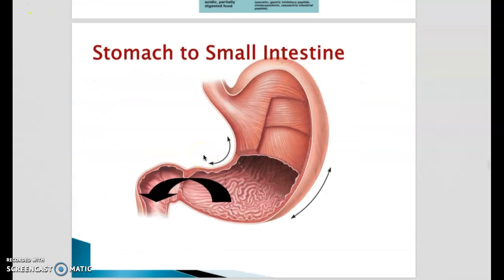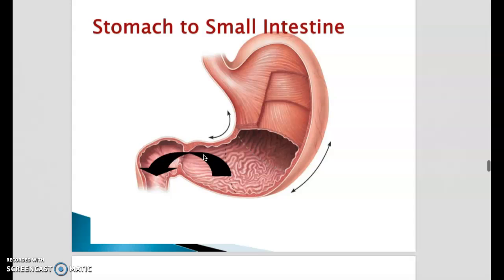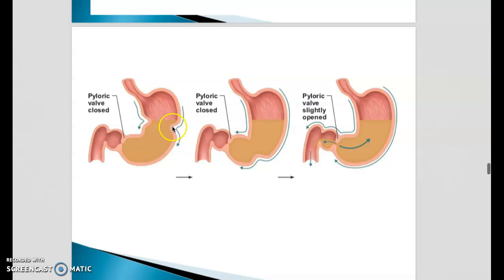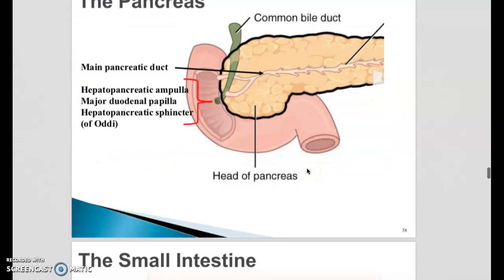Then from the stomach, we go to the small intestine. The small intestine again breaks down the food, and then it goes down. The pyloric valve will be closed, and then later we see the pyloric valve slightly open between the stomach and your small intestine.